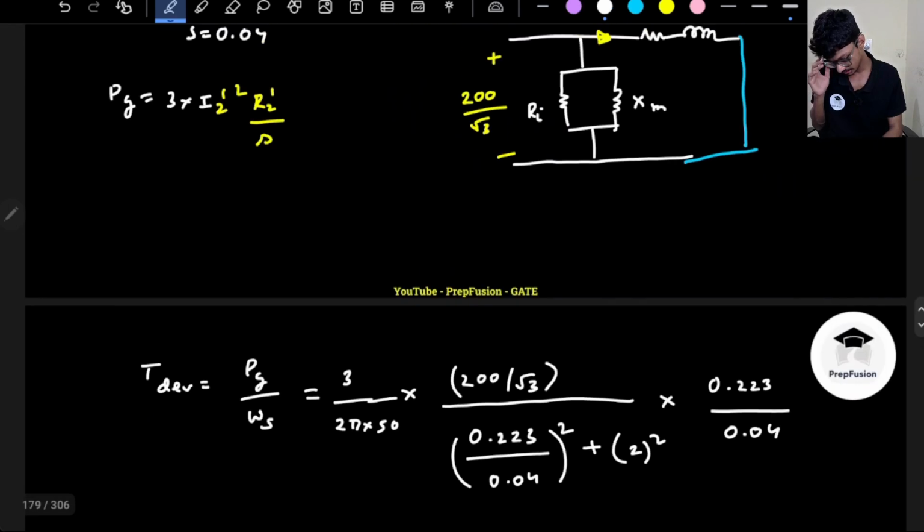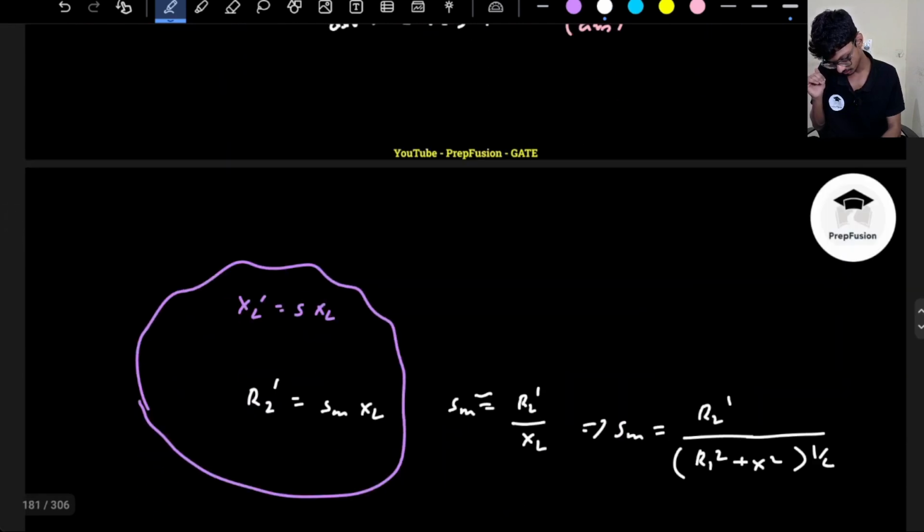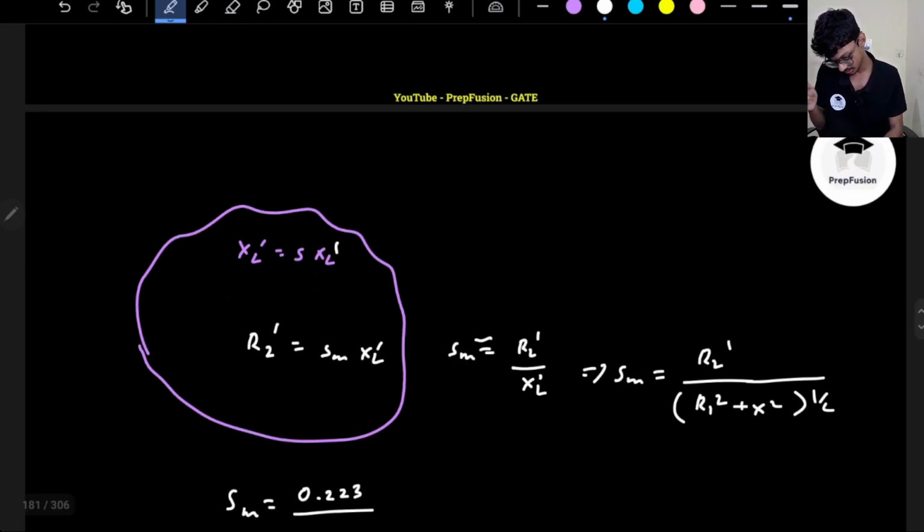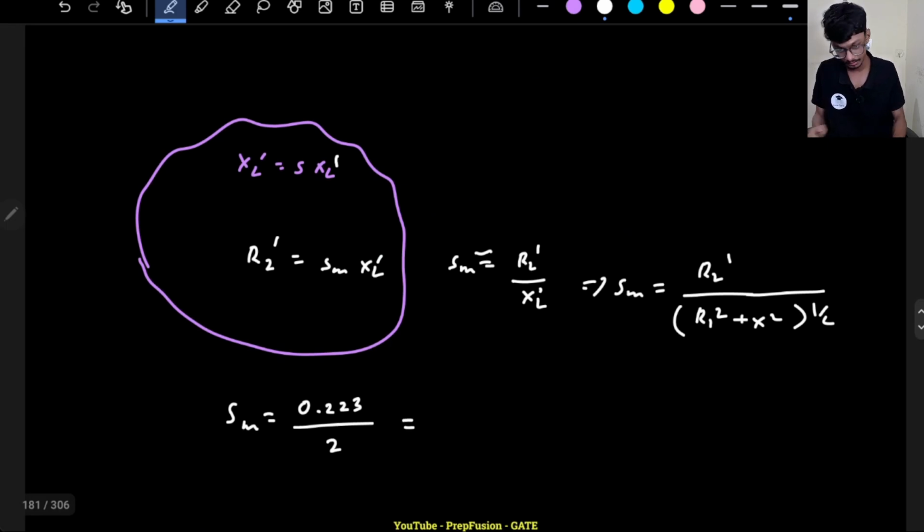X2 is basically X2 dash, right? Everything is referred, so X2 dash is 2. So the slip at maximum torque will be 0.223 divided by 2, so it is 0.1115. Okay, that is the slip at maximum torque, 0.1115.